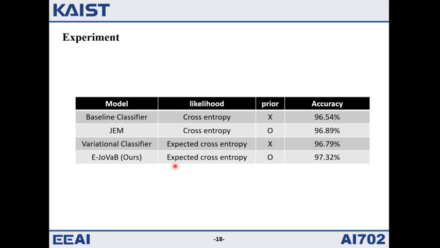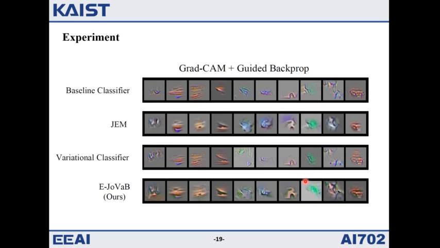Finally, E-JoVaB is our proposed method, and it is shown that E-JoVaB has superior performance to the other methods theoretically and empirically. This is a Grad-CAM plus guided backprop version of the research. Different from other methods, E-JoVaB covers more informative and critical ranges in images, and E-JoVaB represents large feature regions more than the other methods.